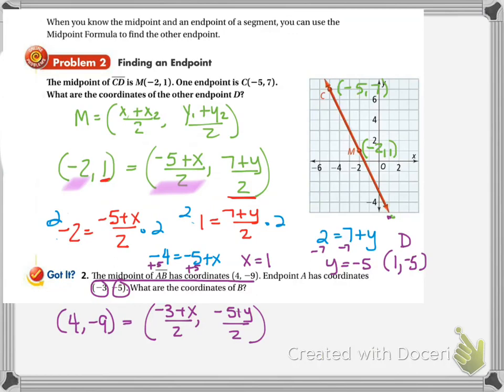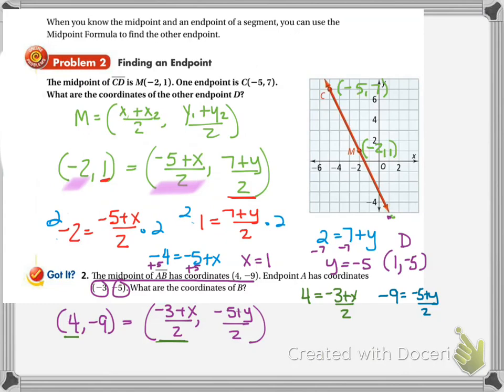So the x values have to be equal. So 4 has to equal negative 3 plus x over 2. And negative 9 has to equal negative 5 plus y over 2.